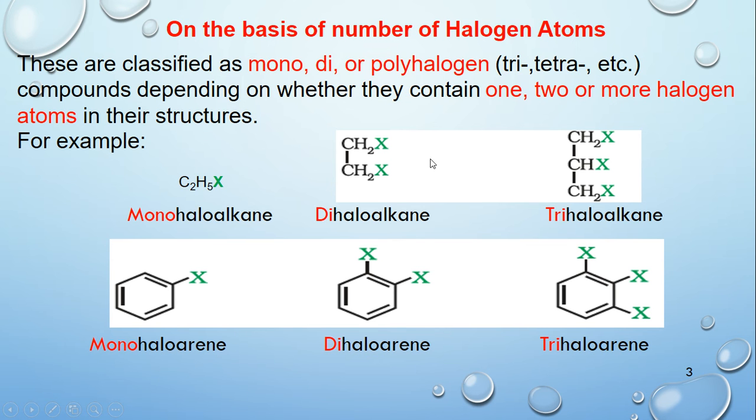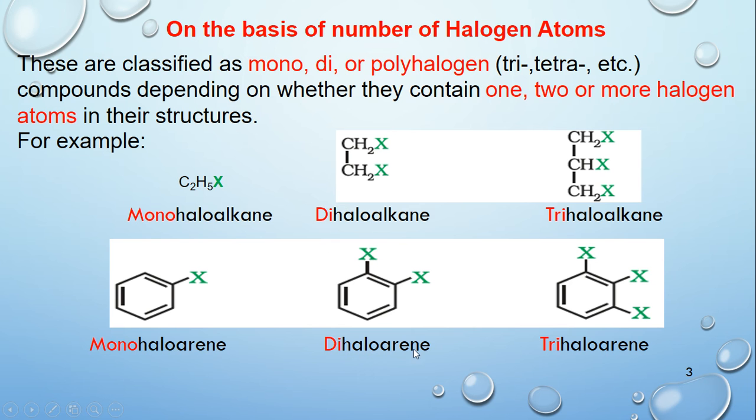trihalogen. So for haloalkanes, when you have one halogen atom attached to the alkane, it is called monohaloalkane. When we have two halogen atoms attached to the alkane, it is called dihaloalkane. And when we have three halogen atoms attached to the alkane, it is called trihaloalkane.